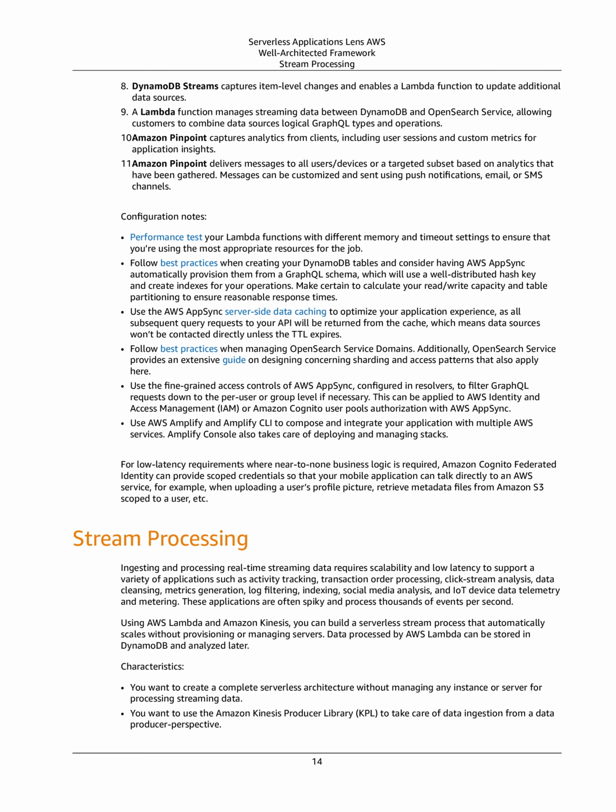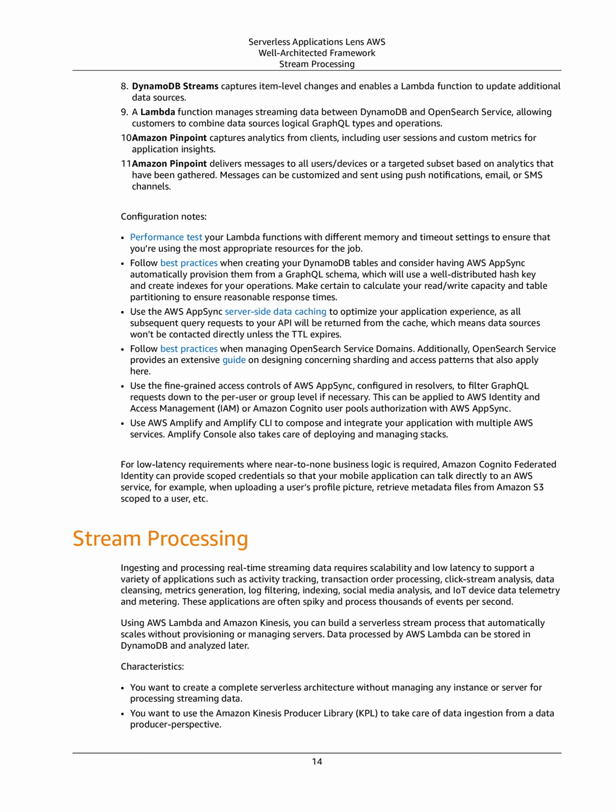Configuration notes. Performance test your Lambda functions with different memory and timeout settings to ensure that you're using the most appropriate resources for the job. Follow best practices when creating your DynamoDB tables and consider having AWS AppSync automatically provision them from a GraphQL schema, which will use a well-distributed hash key and create indexes for your operations.